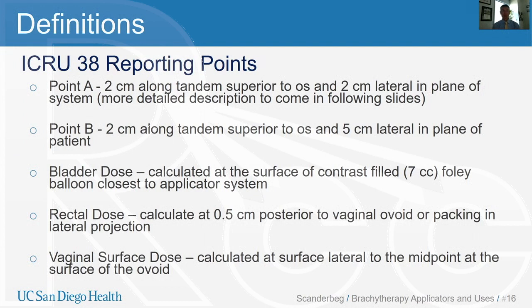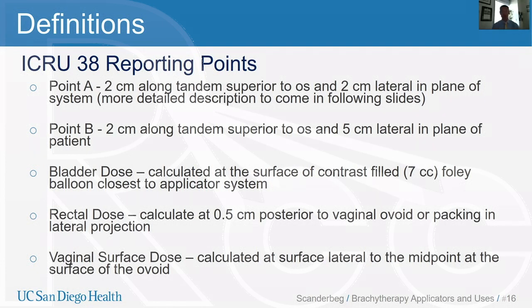In 1985, the International Commission on Radiation Units and Measurements, or ICRU, report number 38 was published, and it defined several reference points for dose reporting. The point dose for the bladder is calculated by placing a Foley balloon in the bladder filled with 7 cubic centimeters of contrast, 7 cc's. On the AP radiograph, the bladder point is marked at the center of the balloon.